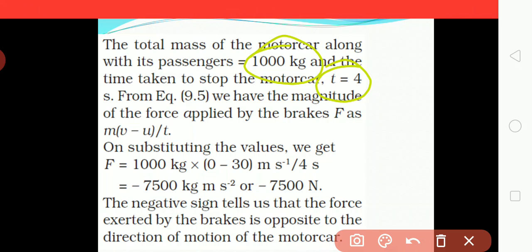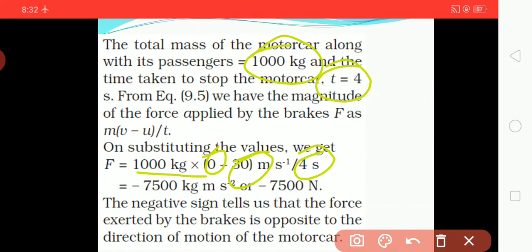The magnitude of the force applied by the brake is F equal to m(v minus u) upon t, which is ma only, where a is substituted by (v minus u) upon t, that is, final velocity minus initial velocity upon time. Here m is 1000 kg, final velocity is 0, initial velocity is 30, and time is 4 seconds.